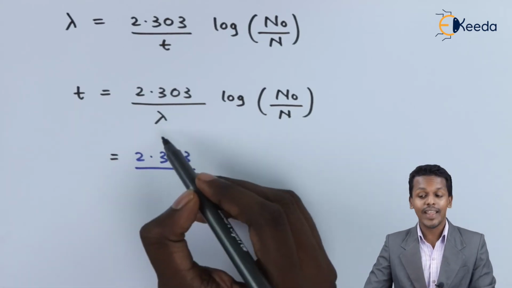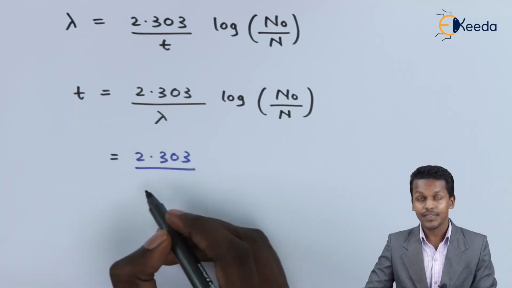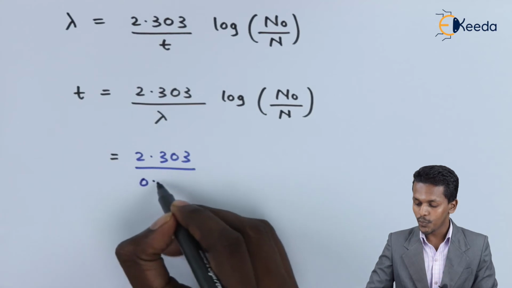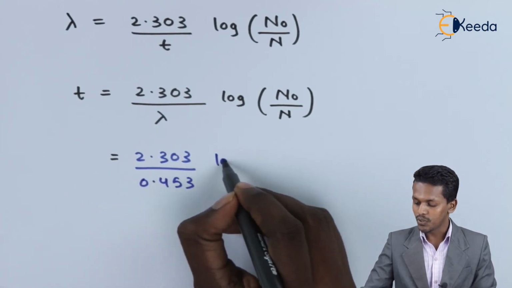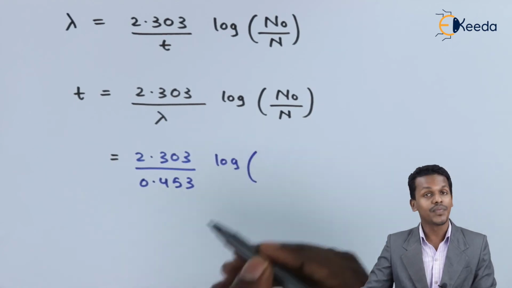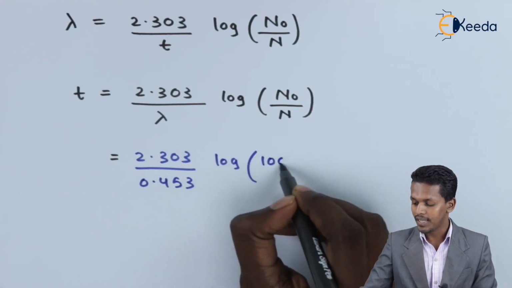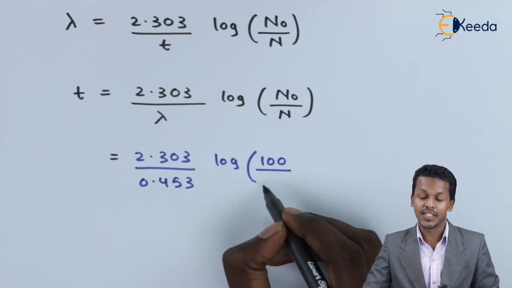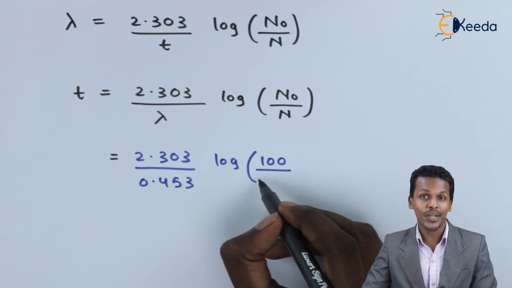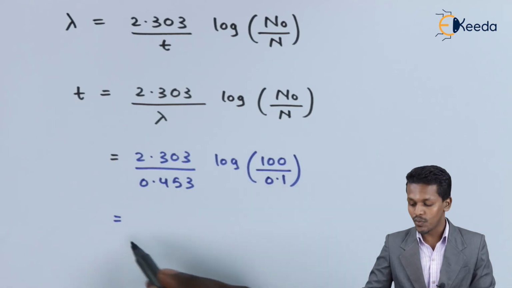So now let us substitute the value of lambda that we have got, 0.453 second inverse, log to the base 10 of N0, which we have assumed to be 100, divided by N. In this case it is 0.1. So let's see what value we get after calculation.